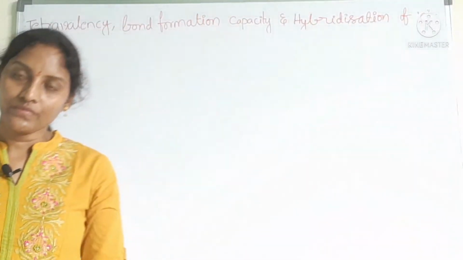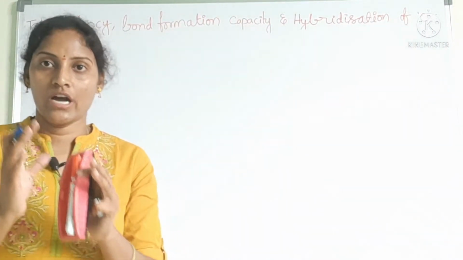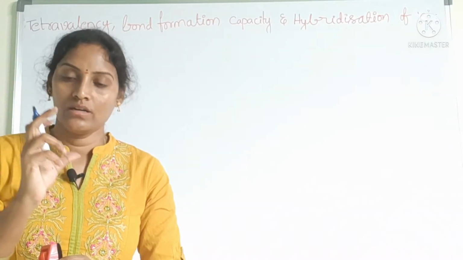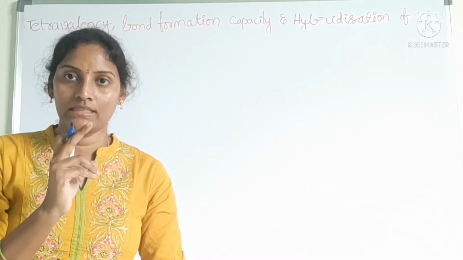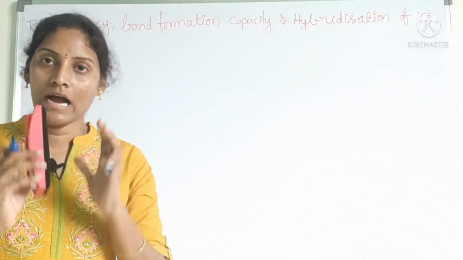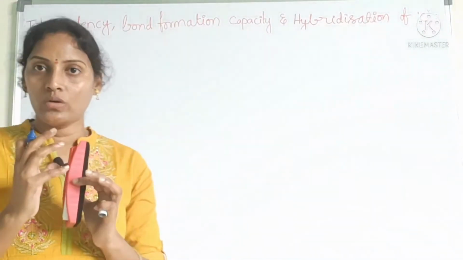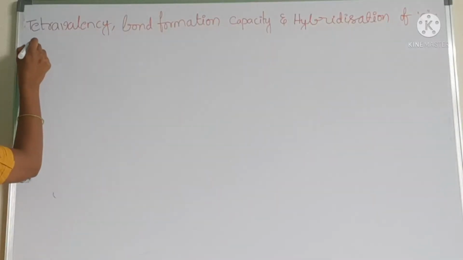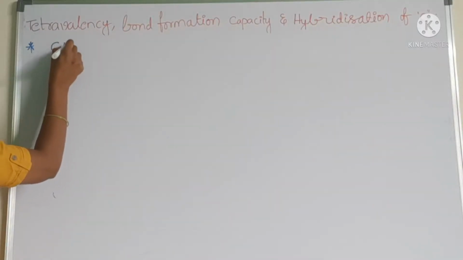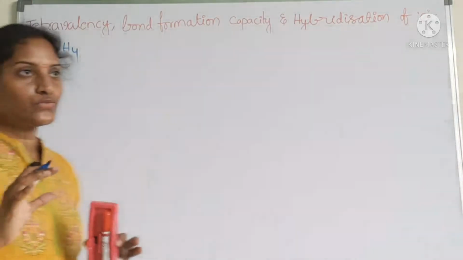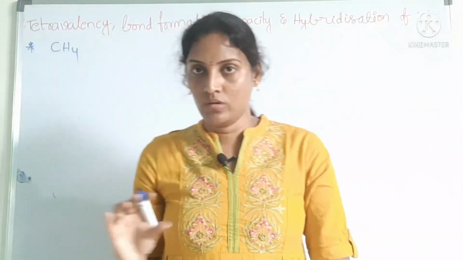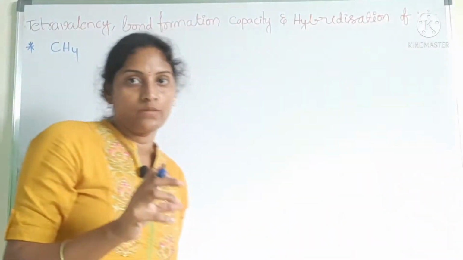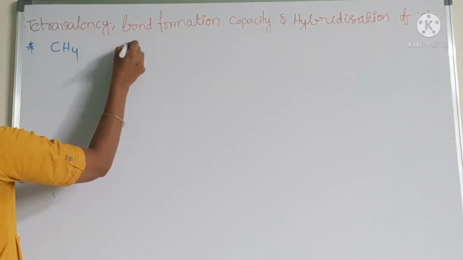See here, if you take the first condition, how carbon can form 4 single covalent bonds by using electronic configuration and hybridization. To know this one, we can take methane as an example. In the first condition, you can take methane CH4. In CH4, if you want to know what is the hybridization present in the carbon atom, you can use a formula.